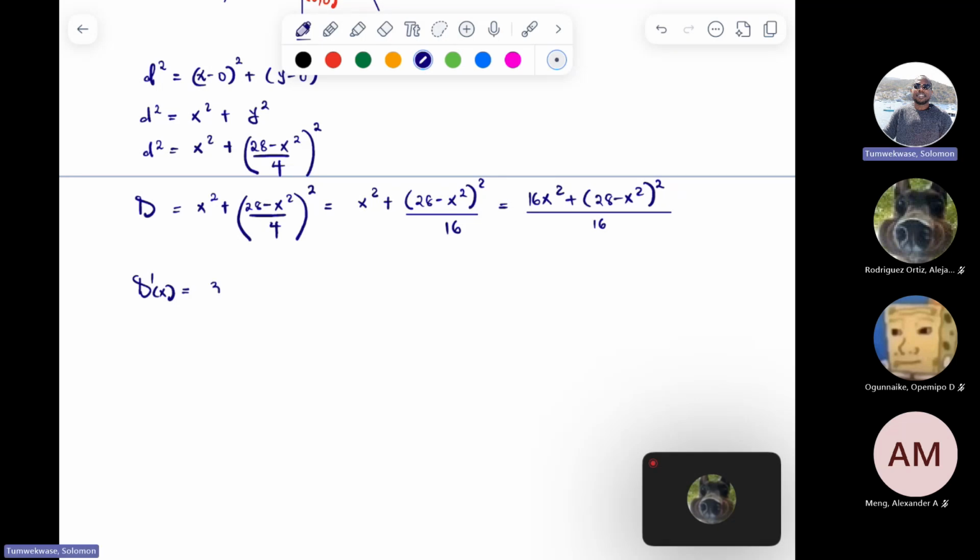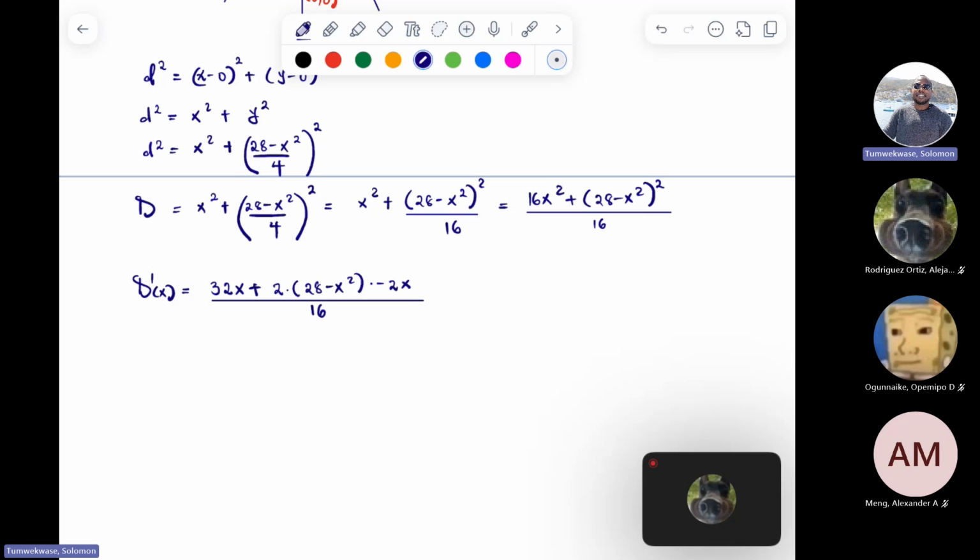So this is 32x. Then plus, when I take the derivative of this guy here using chain rule, that is 2 times 28 minus x squared, then times the derivative of the guy inside, which is negative 2x, and the whole of this guy is over 16. Okay.